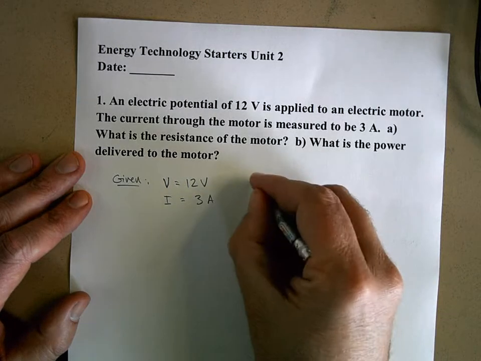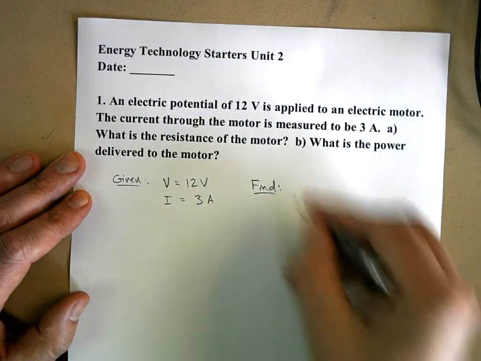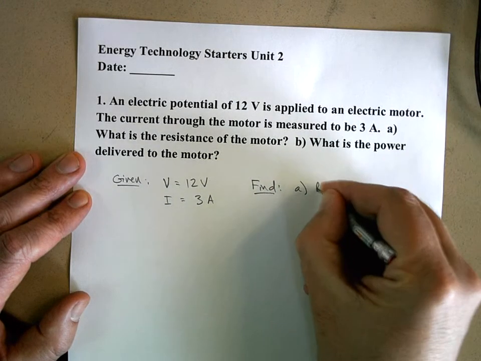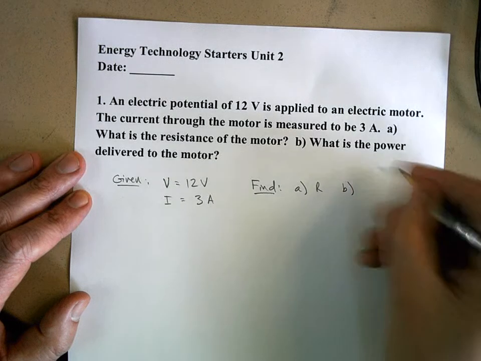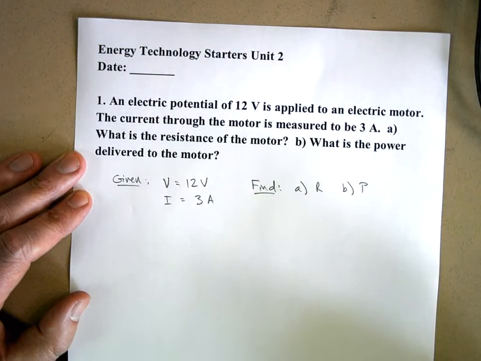And what are we trying to find? What is the resistance of the motor? So for part A, we're trying to find R. And then for B, we're trying to find the power, capital P.